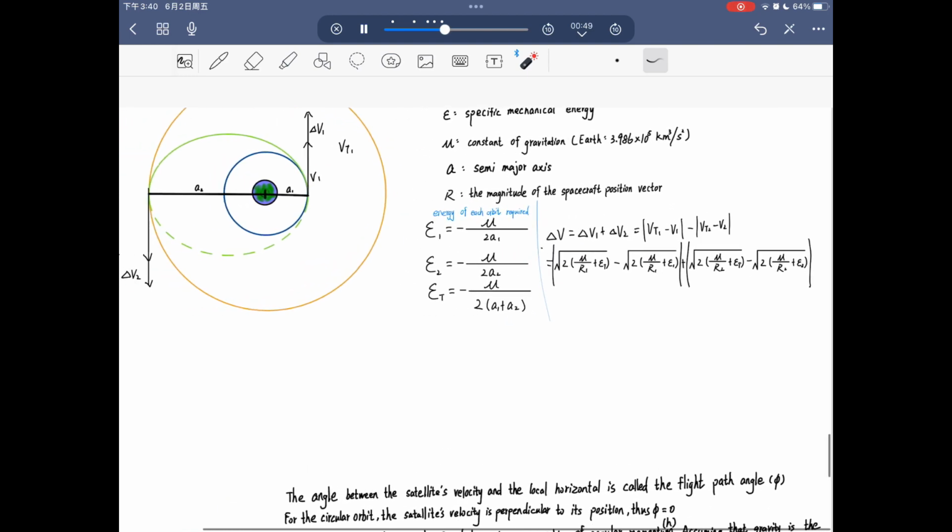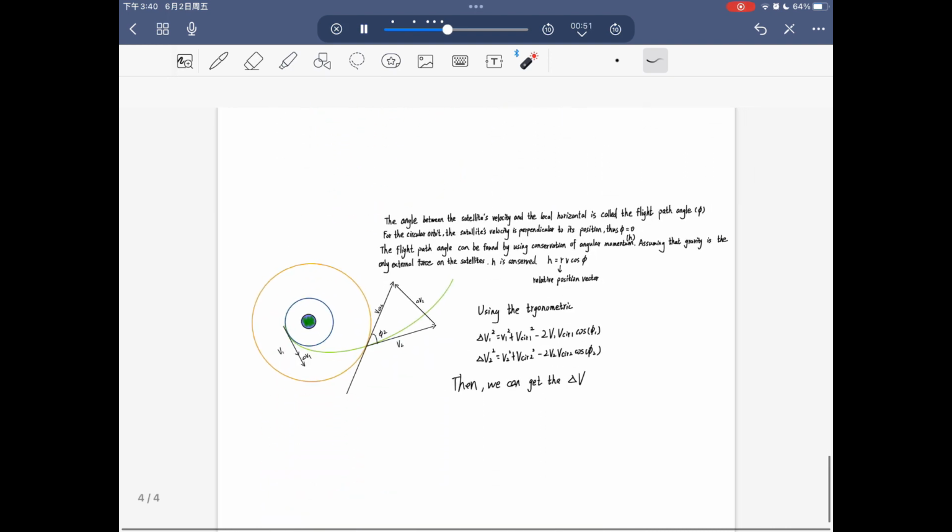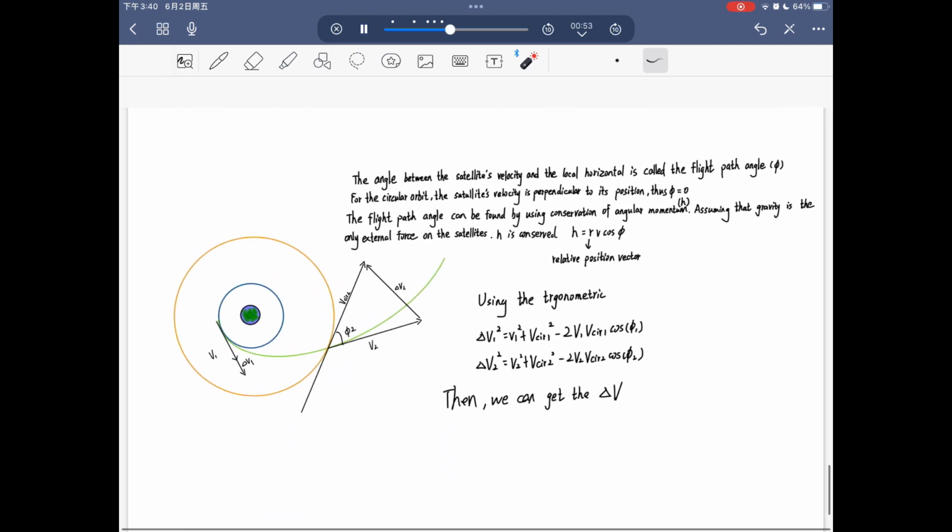For the general coplanar transfer, we need to know the concept of the flight path angle. It is the angle between the satellite's velocity and the local horizontal. For a circular orbit, the satellite's velocity is perpendicular to the position vector, so its flight path angle is 0. And the flight path angle can be found by using the conservation of angular momentum.